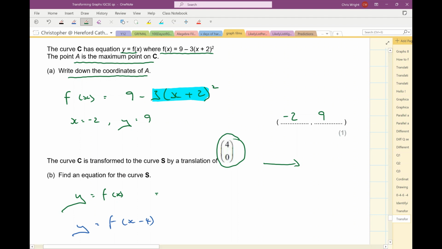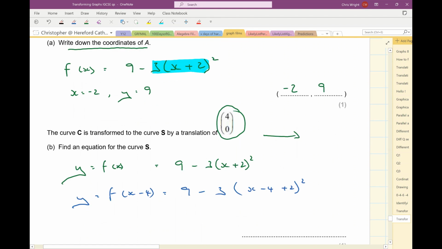So instead of being 9 minus 3 lots of x plus 2 squared, it's now going to be 9 minus 3 lots of x minus 4 plus 2 squared. And if I wanted to simplify that, I would have 9 minus 3 lots of x minus 2 squared.